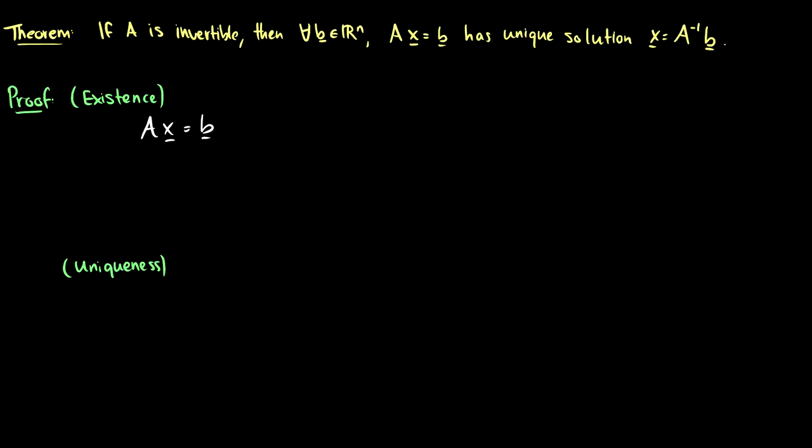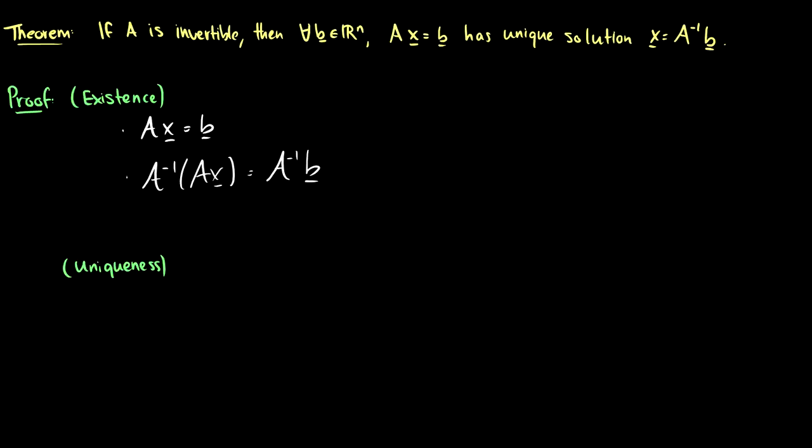Okay, so we have that AX is equal to B and A is invertible. This means it has an inverse, so we can left multiply by it. So now we have that A inverse times AX is equal to A inverse times B. Now, using the associative property, we can group these up separately.